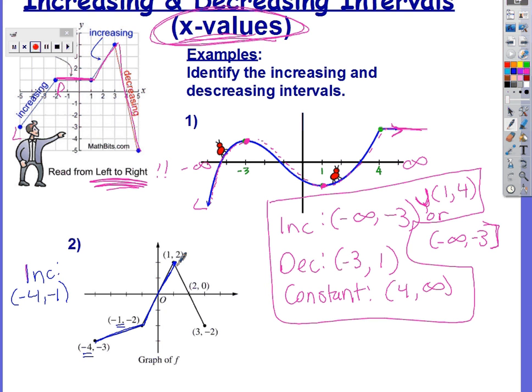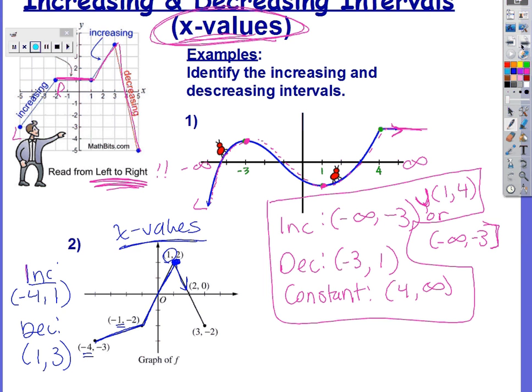So we need to go back and fix that and make that negative 4 to 1. Then at this point, it starts to decrease. It goes down from left to right, from 1 to 3. Again, it's x values. Rewind that if that didn't make sense.